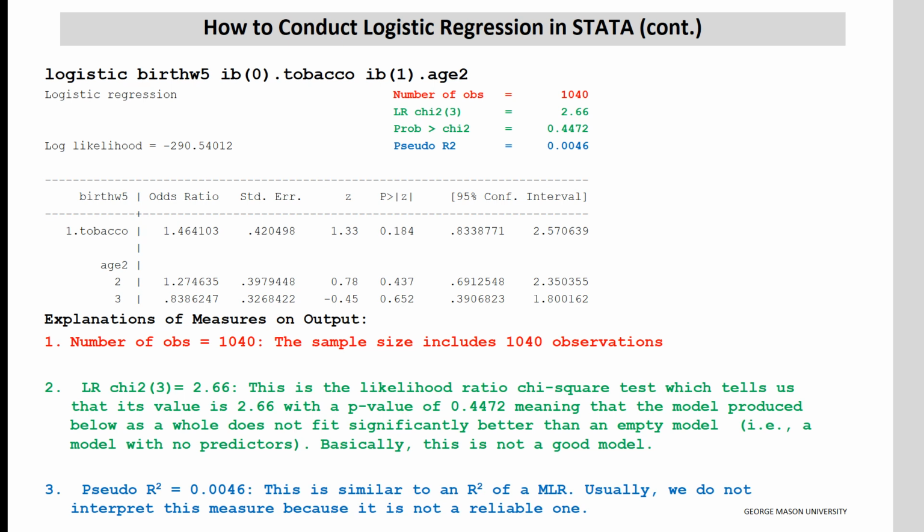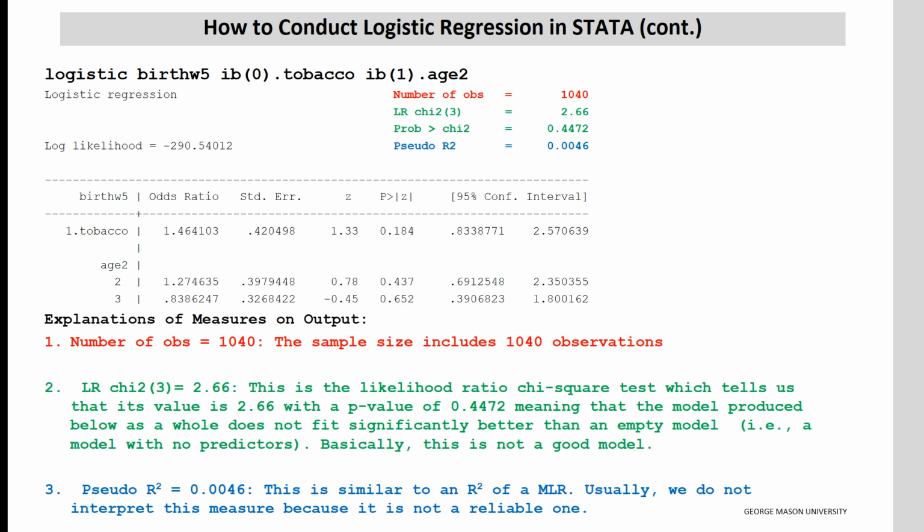And below you see the output associated with these variables in the model. So let's take a look at the first line, which indicates the number of observations, and the sample size basically here is 1040 observations.